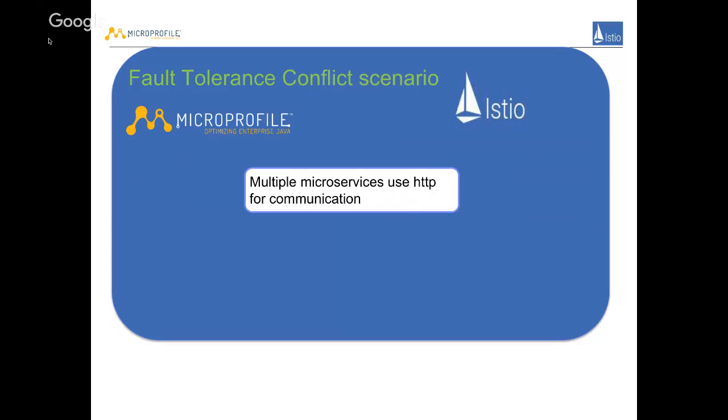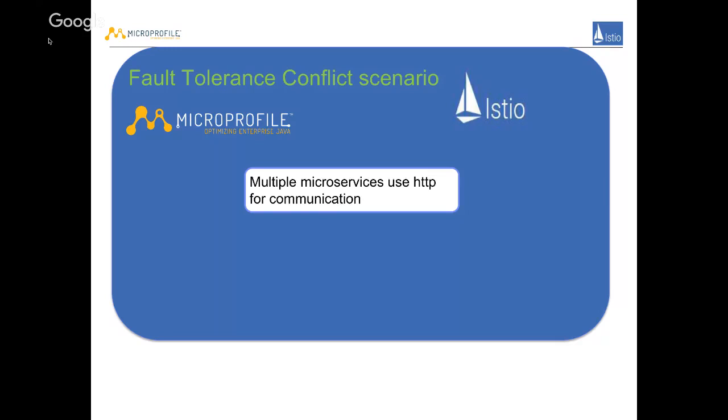So there's a kind of overlap for HTTP calls if MicroProfile is in play and Istio is also in play, and the communication is direct: you call service A, directly call service B, using HTTP directly, and in your service A application you add a retry, for example.